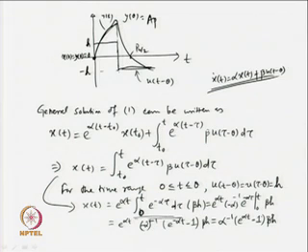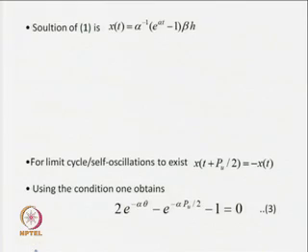So, what we have got from the analysis is that the analytical expression for this part of the output signal can be given by x t is equal to y t is equal to alpha inverse times e to the power alpha t minus 1 beta h. Now, solution of this.